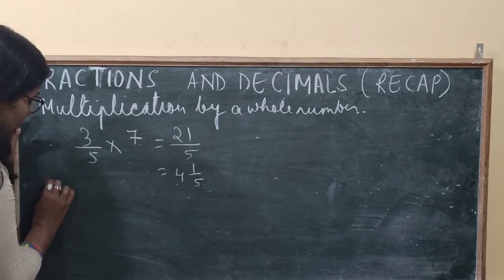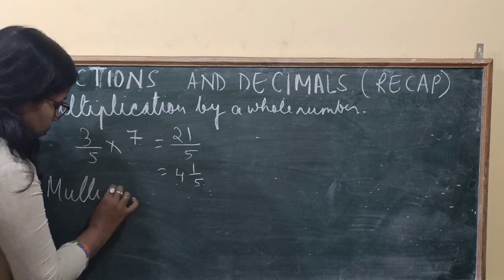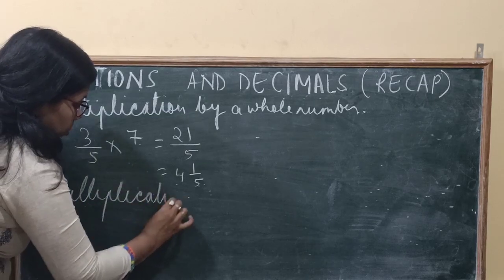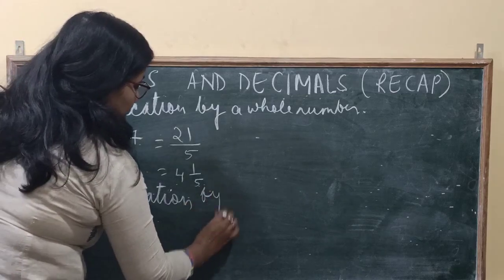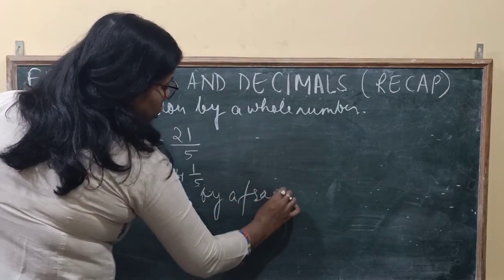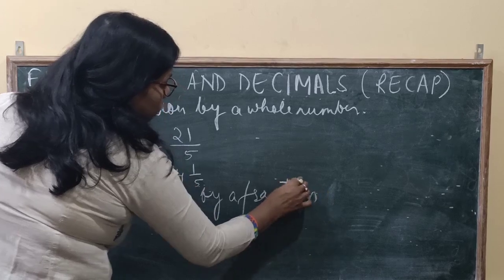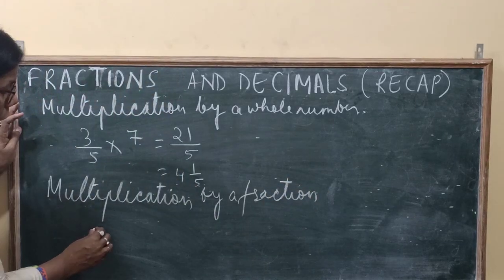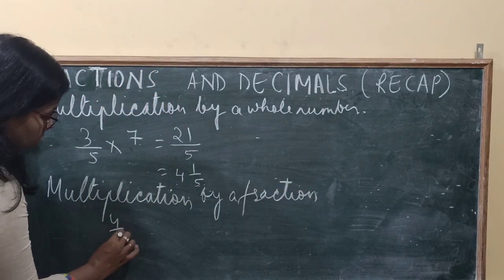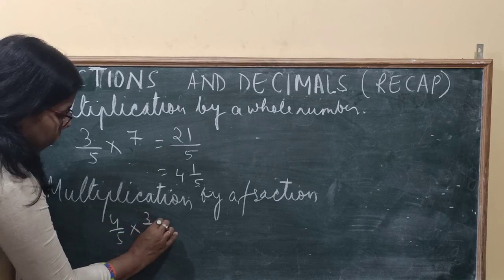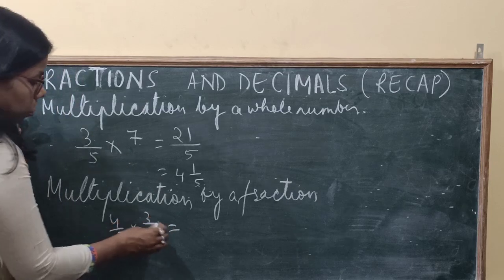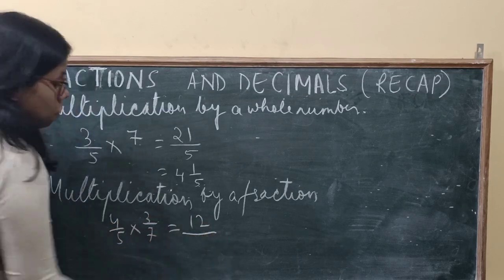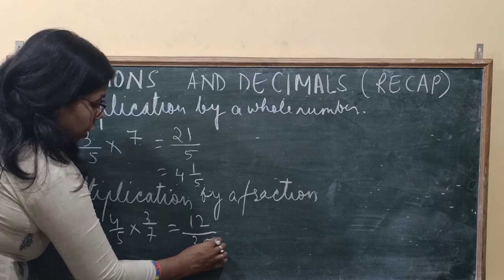When we multiply by another fraction, so when we are multiplying a fraction by another fraction, let us look how it is. 4 by 5 multiplied by 3 by 7. Multiply the numerator. 4 into 3, 12. 5 into 7, 35.